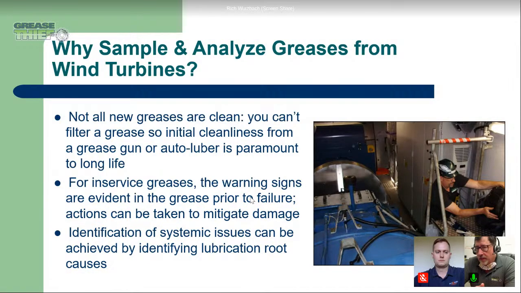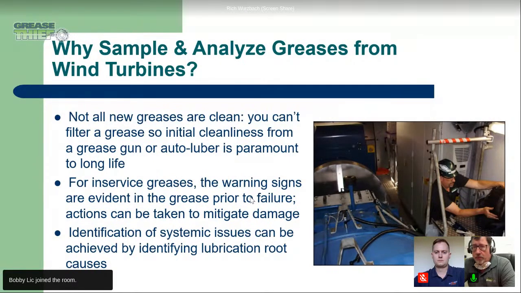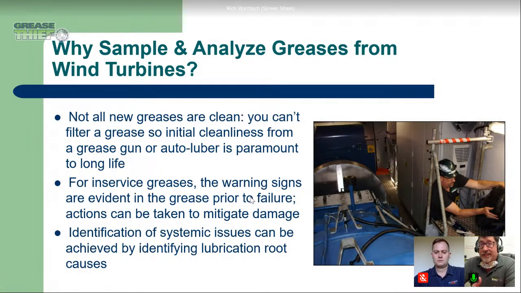And then we look at the in-service equipment. For the in-service greases, the warning signs of issues related to both grease condition and the condition of the asset are there prior to failure, and we can take actions to mitigate the damage, to minimize what happens if we find this early through monitoring.